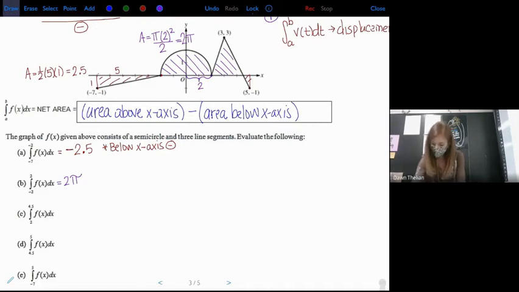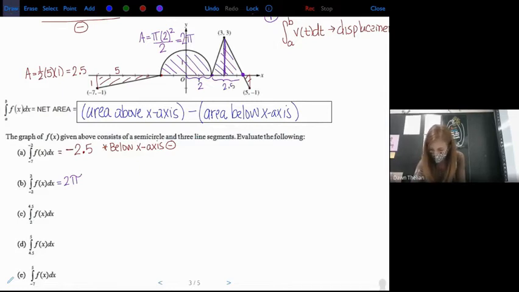Next one is taking us from 2 to 4.5. So I've got this triangle here. Now, you could do this as 2 separate triangles if you wanted to, or you could just do one big triangle. I would do one big triangle. I've got 2.5 as the base, and then the height is the perpendicular distance.